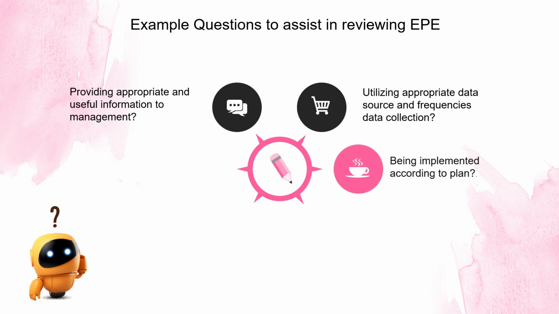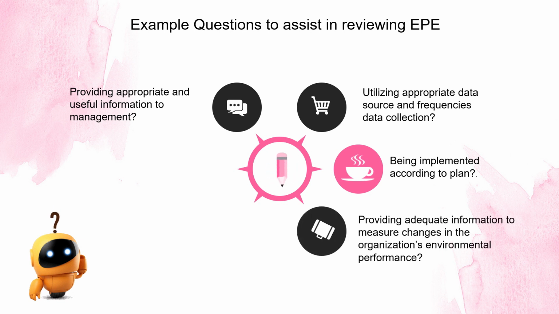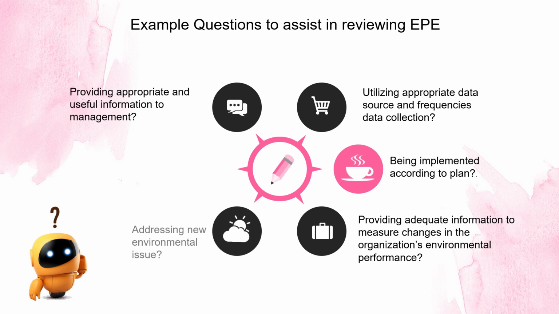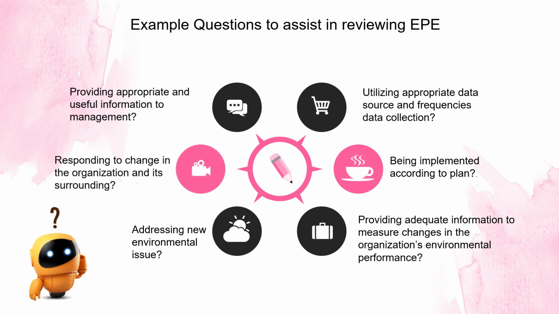Third, is the organization being implemented according to plan? Next, is the organization providing adequate information to measure changes in the organization's environmental performance? Next, is the organization addressing new environmental issue? And the last question is, is the organization responding to change in the organization and its surrounding?